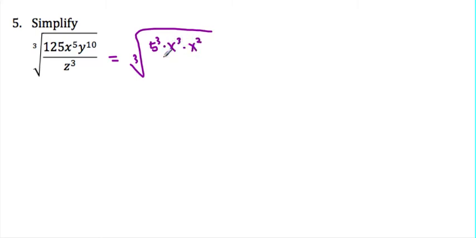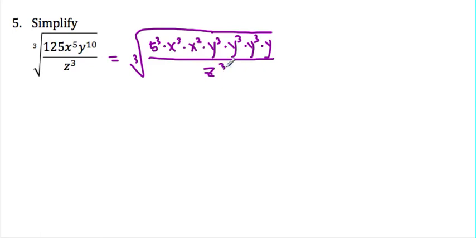So in that way, x to the third can come out as an x. Y becomes y to the third times y to the third times y to the third times y. That will get me a total of 10 y's all over z to the third power.